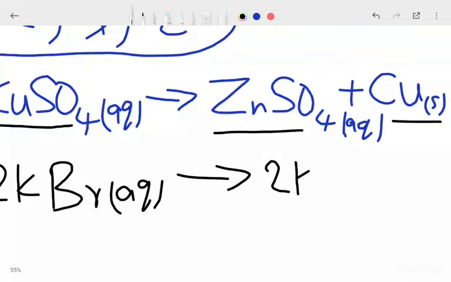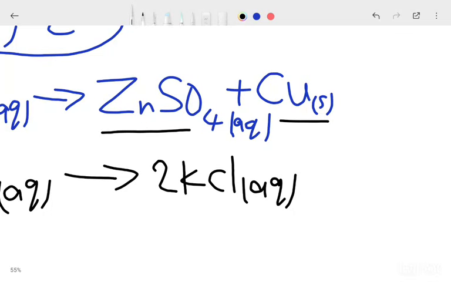Then this one, in aqueous solution, is potassium chloride, and then we have bromine, that is liquid.